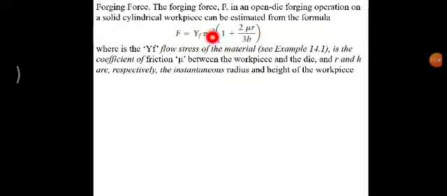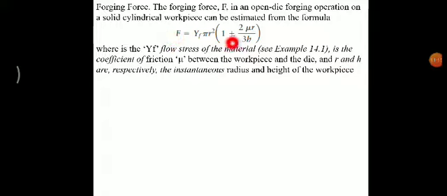But here we are adding one additional term, a constant or cofactor, 1 plus 2 times mu, where mu is the coefficient of friction between the workpiece and the die interface, times r over h. R and h are the instantaneous values of the workpiece radius and height.